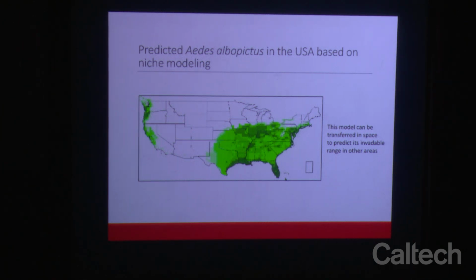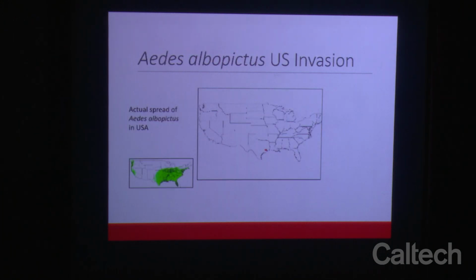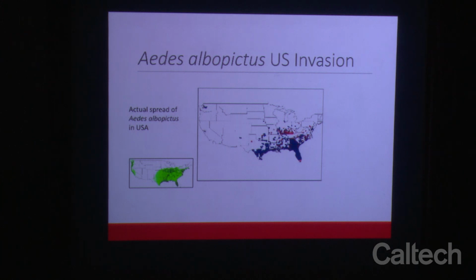And then we can actually ask if the models are actually supported based on the data of the invasion front for Aedes albopictus. And here's that diagram showing you how Aedes albopictus has spread across the US at least over the last 30 years, matching relatively well what we see from this prediction from the niche modeling. Make sense? Okay.